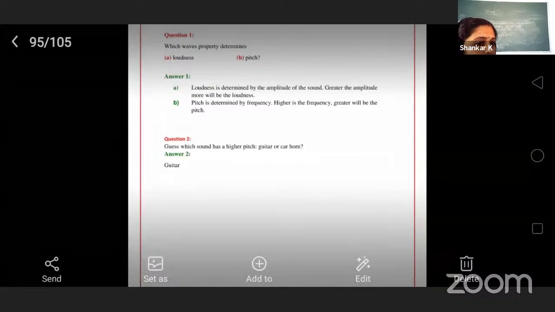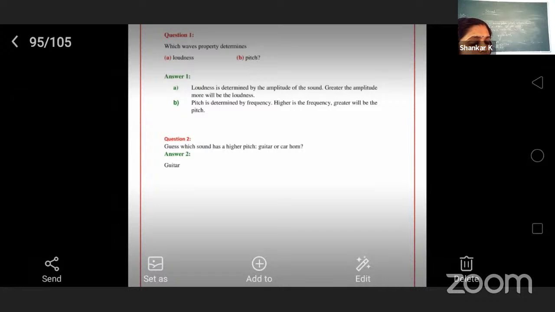Then which sound has a higher pitch, a guitar or a car horn? Here the guitar has a higher pitch. We used to play music by this guitar.